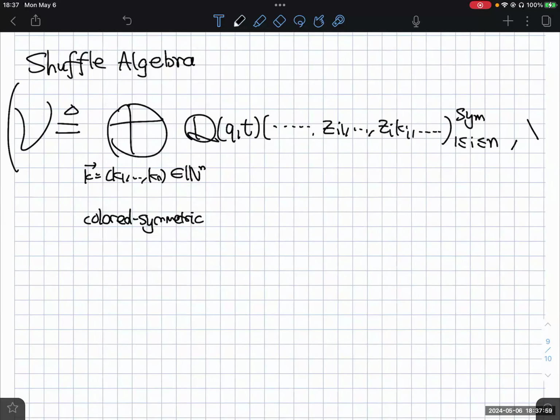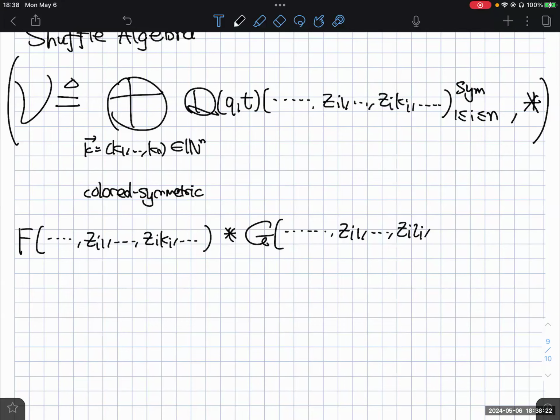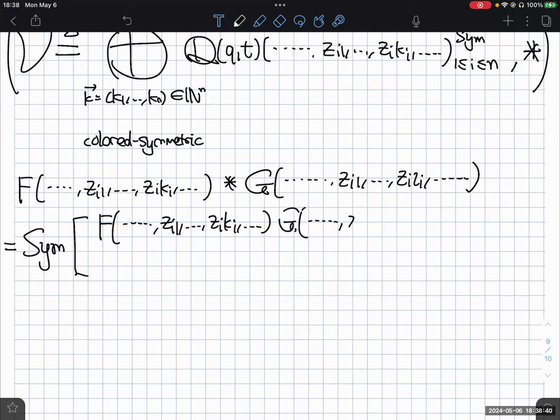And on this space, there is a product structure, and this product is defined as the shuffle product. It's defined over here. If I give two color-symmetric rational functions, the definition is given by taking a symmetrization of the following thing. So this is the product from these variables to the product of these variables.